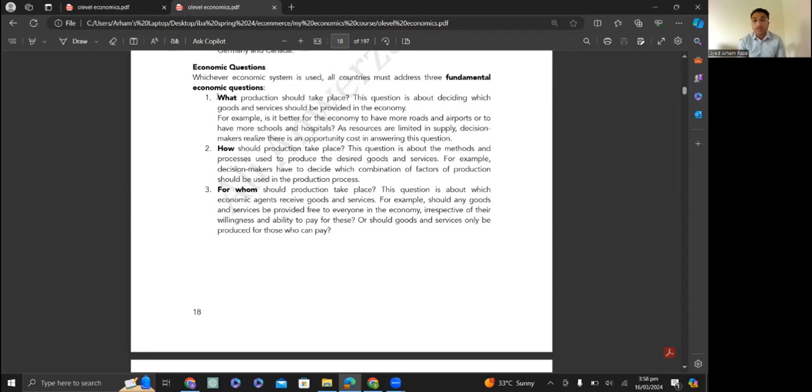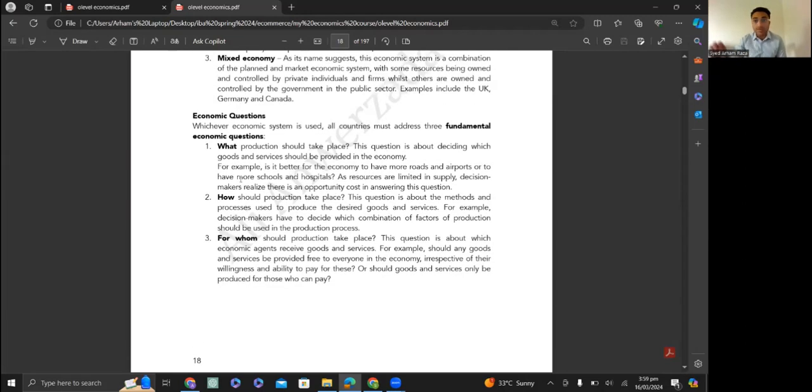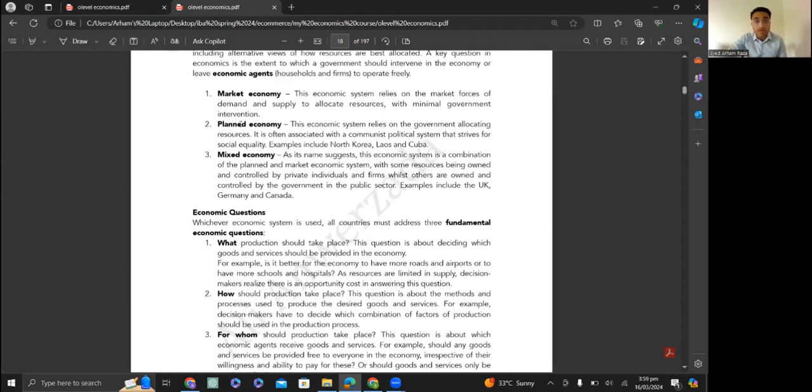On the other hand, if there is a road, a government might not charge any toll for that, or might charge a toll, or might also charge tax for that. So these are all the questions that are decided by the economy. So what to produce, how to produce, and for whom to produce will be decided based on which type of economy we are living in.